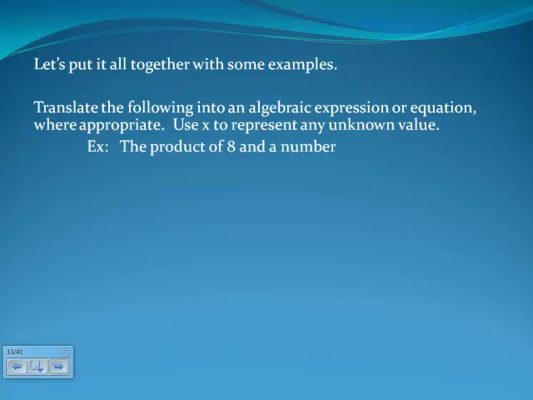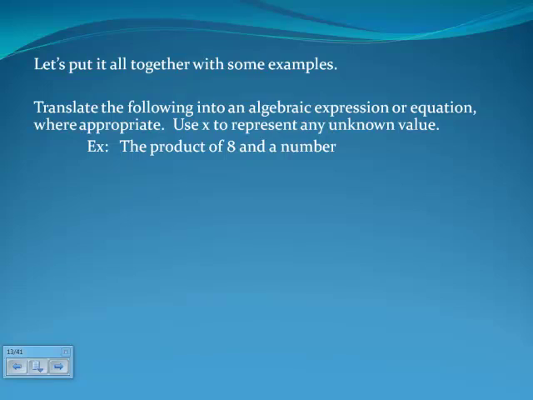First example, the product of 8 and a number. Okay, now this turns out to be an expression because there's not a key word that indicates an equality or an equal sign. So what you want to do is you want to look for key words from that previous slide where there was a list of key words for the 4 basic operations and for equalities.